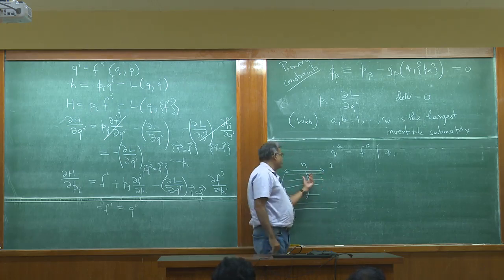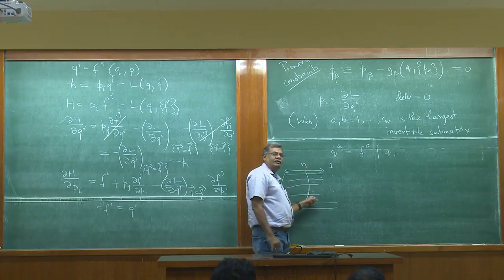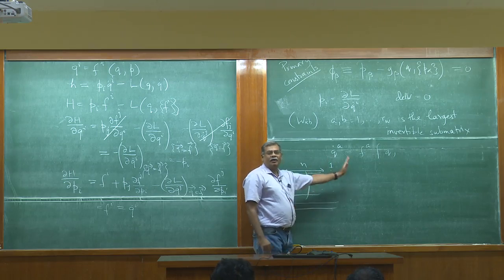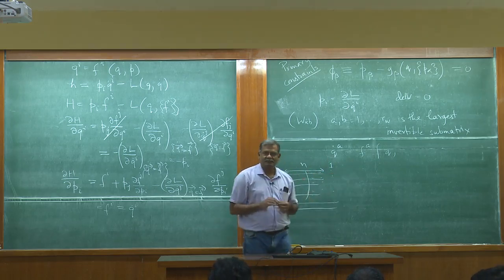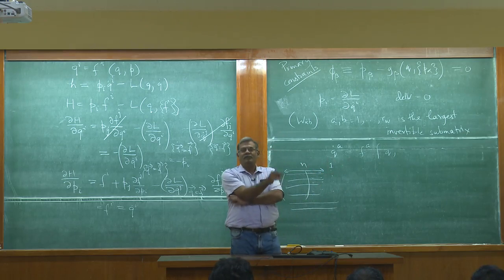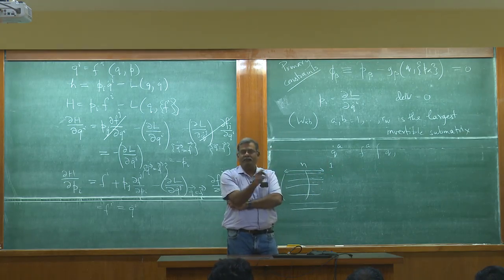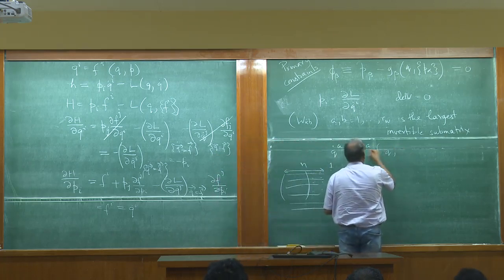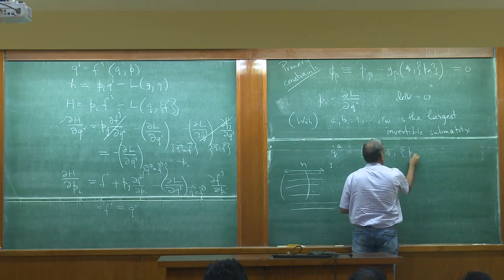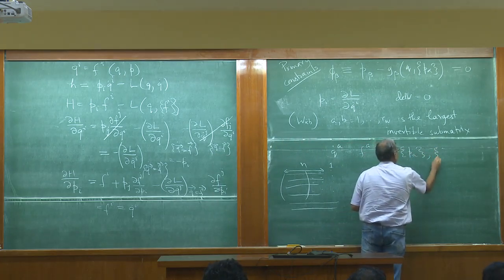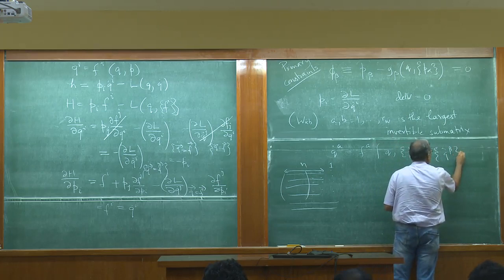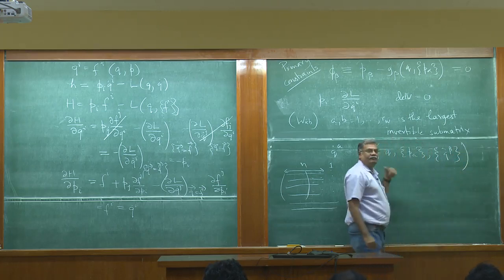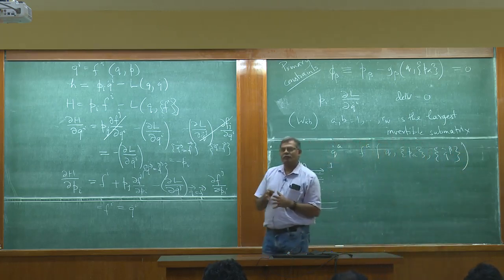So ultimately the equation really becomes this matrix acting on these q dots is equal to these p's minus whatever combination of these other q dots. So q dots which run beyond this, RW plus 1 through to n, will also be there in the answer. So this will be a function of q's, the PA's, and q dot betas. Remember, our notation is A runs from 1 to RW and beta runs from RW plus 1 to n.